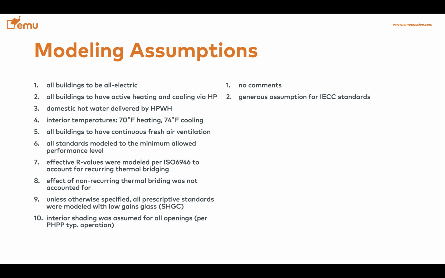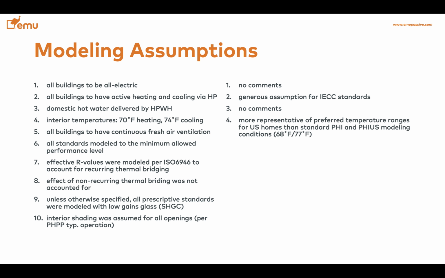IECC does not require having a heat pump, nor does PHI or PHIUS. So we made assumptions for a basic heat pump. We're going to see that in just a sec. No comments on the domestic hot water.